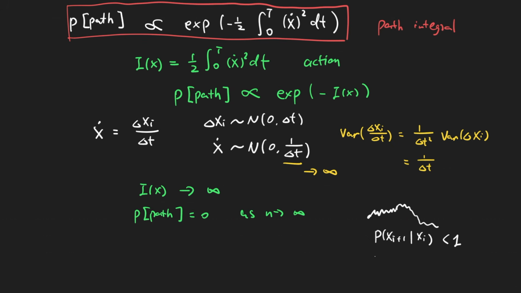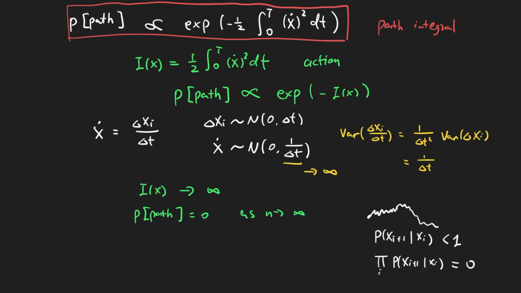And when we take the product of them, that must be 0 as n goes to infinity. Also, just intuitively, it makes sense that in continuous time, the probability of observing one exact path is 0. And this is an important fact we need to keep in mind.